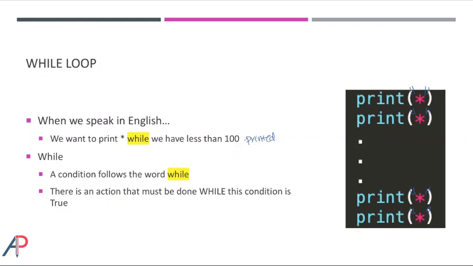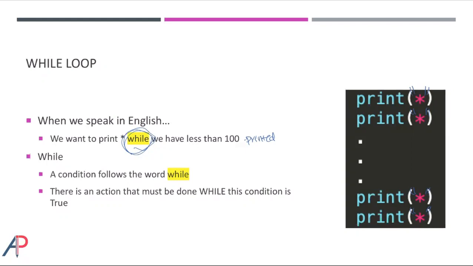That keyword while is going to play a huge part in our loop when we code it. If you're familiar with coding already, you will know that there are while loops in pretty much every single language, whether you're using JavaScript, Java, or C++, even in Python.